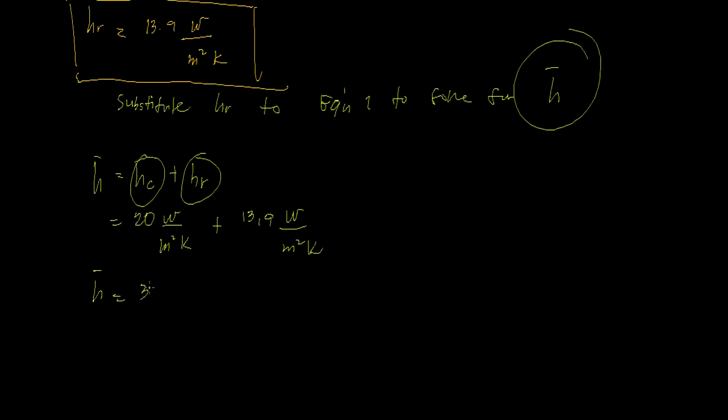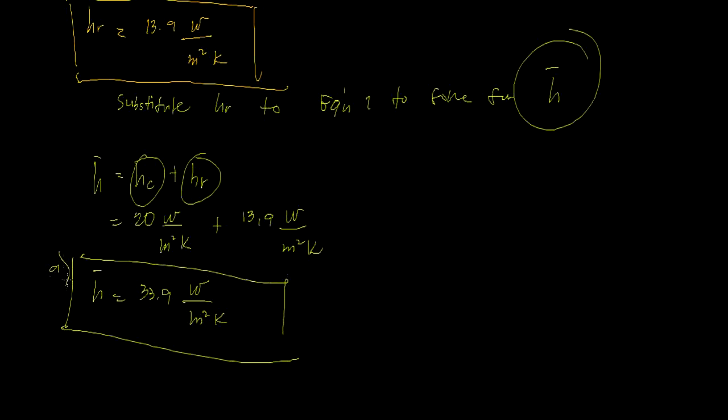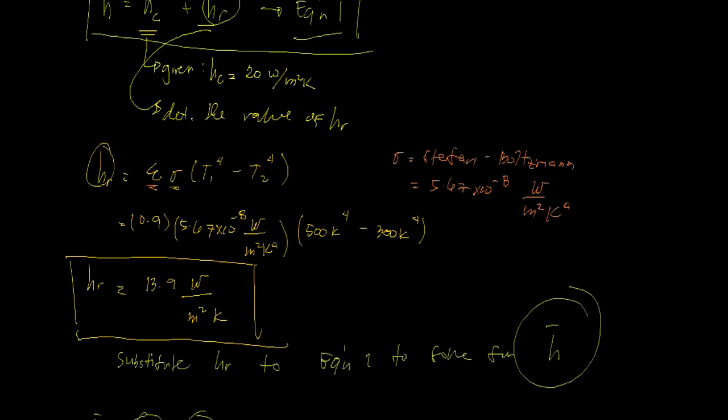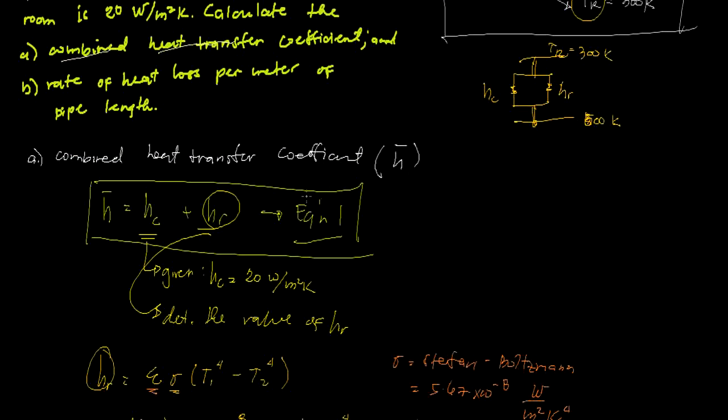We have 33.9 watts per square meter K. So that is for letter A, the combined heat transfer coefficient.